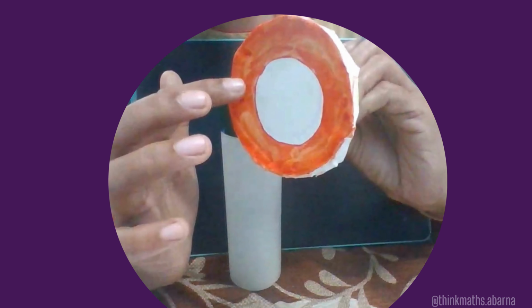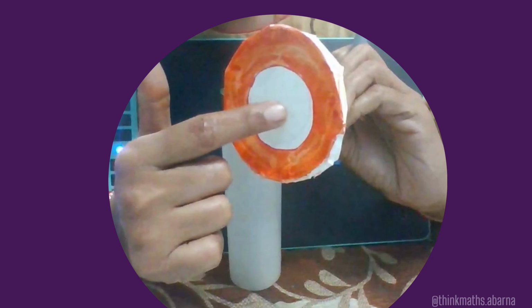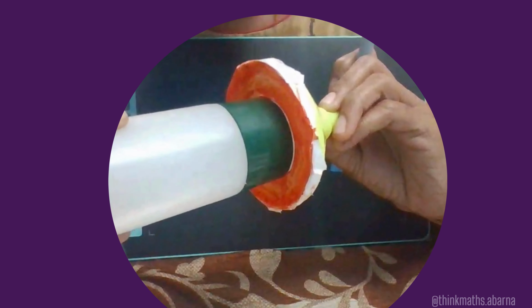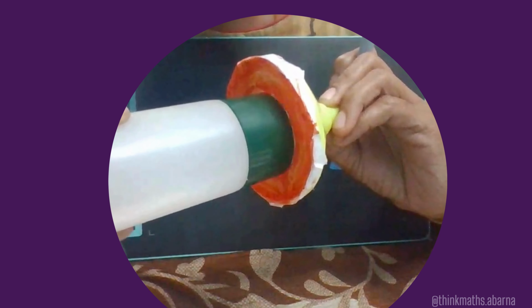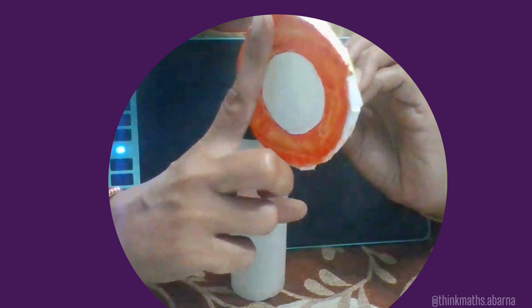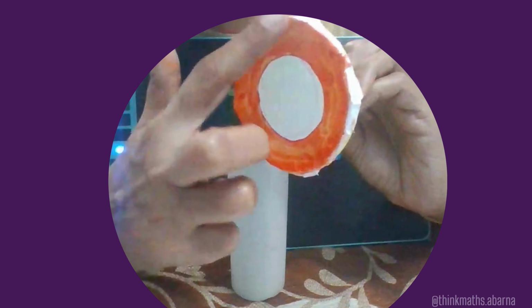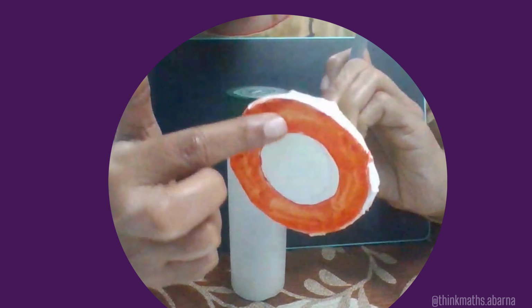This is nothing but, from the base area of the cone, we have to take out the base area of the cylinder. This is the base area of the cylinder which is fixed, so it is not visible. From the base area of the cone, we have to take out the base area of the cylinder to get this area which is colored orange.